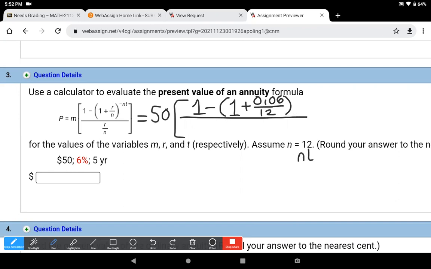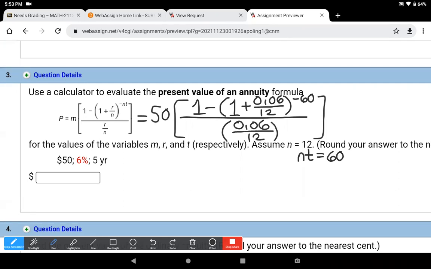N times T this time is 60, so we have an exponent of negative 60. And we're dividing in the denominator by 0.06 divided by 12.